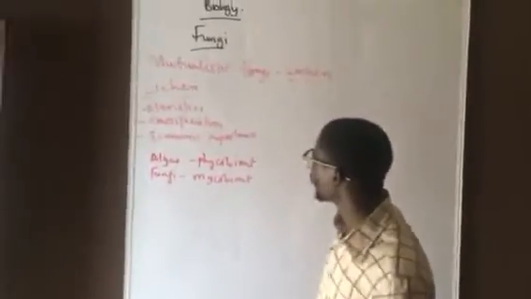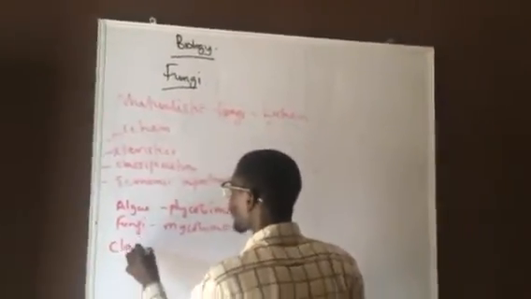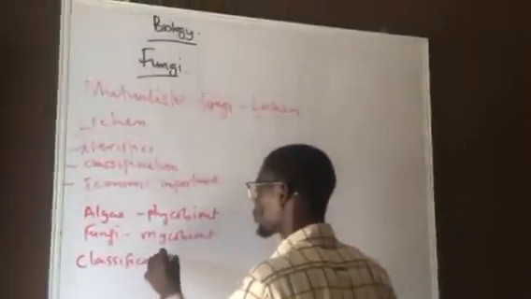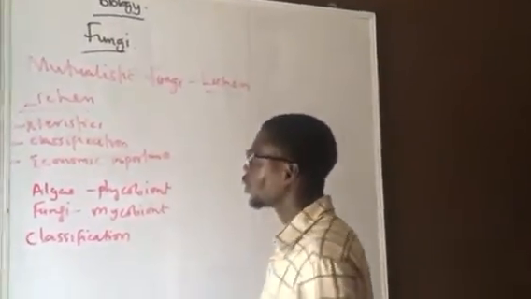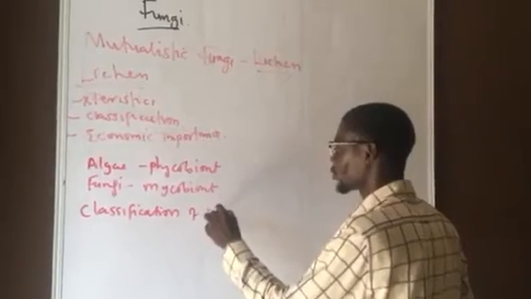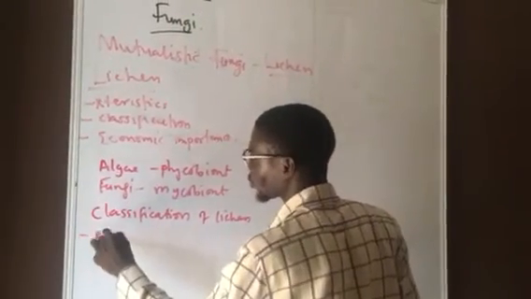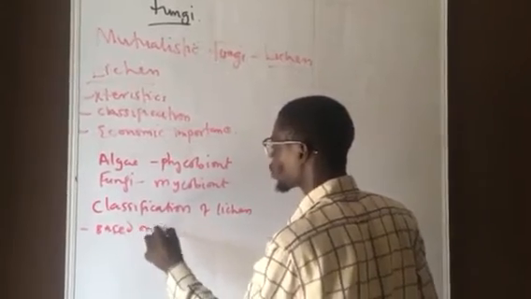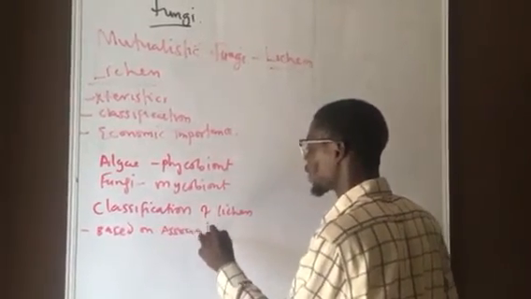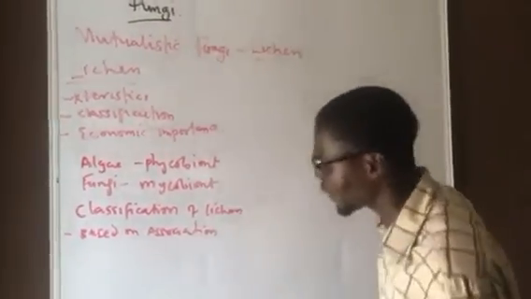Then now we want to talk about classification. We can classify lichen based on association. We said it is an association between algae and fungi.